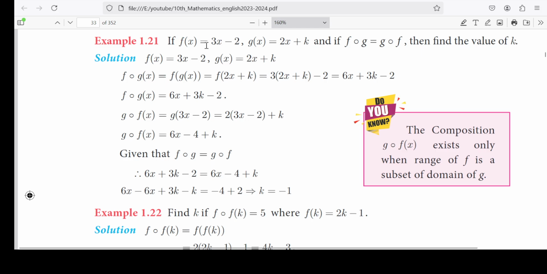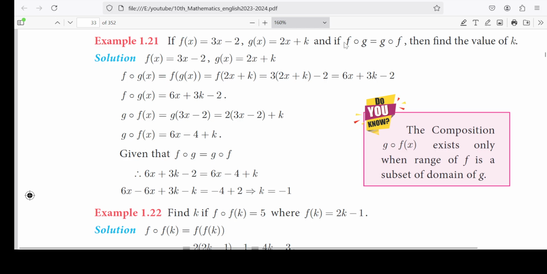Here, f of x is given and g of x is given, and what we have to find out is, if the value of f of g and g of f is equal, then we need to find the value of k.